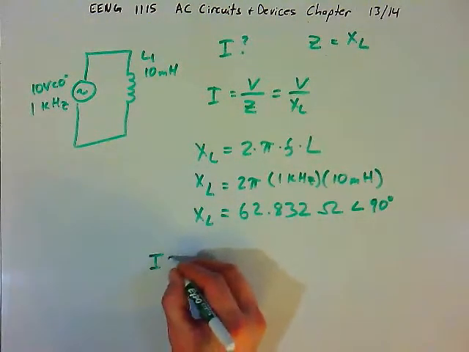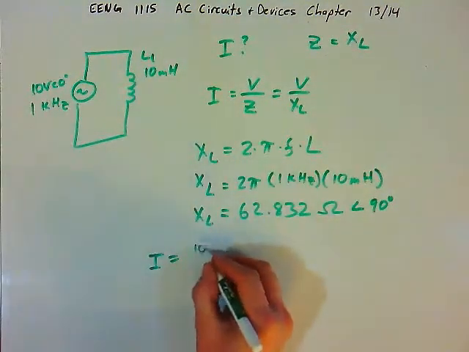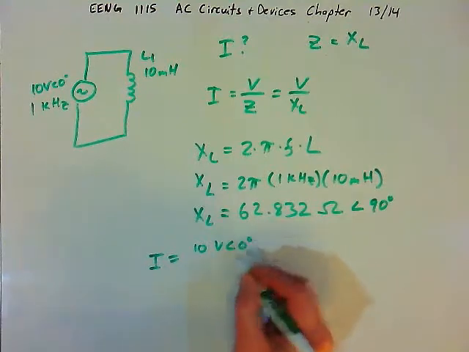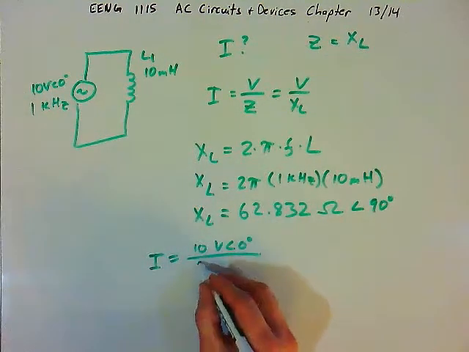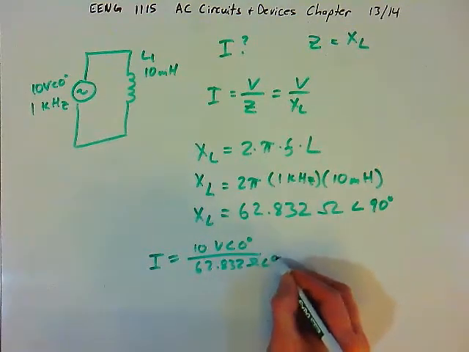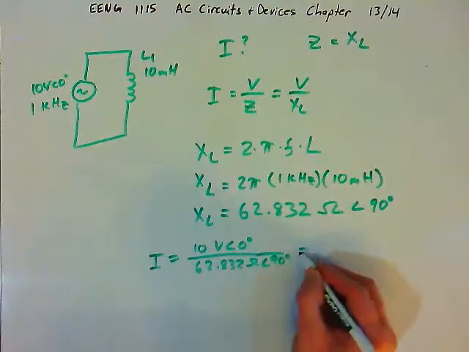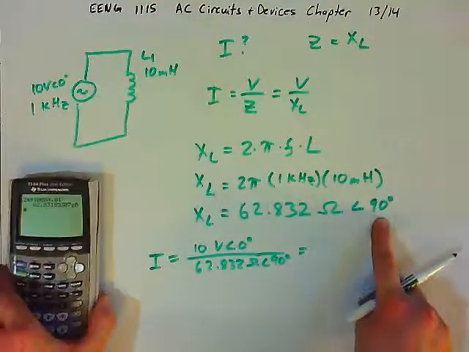Because the current is equal to the voltage over the reactance. Voltage is 10 volts at 0 degrees, and the inductive reactance is 62.832 ohms at 90 degrees. And so the question was, why is it always at positive 90 degrees?